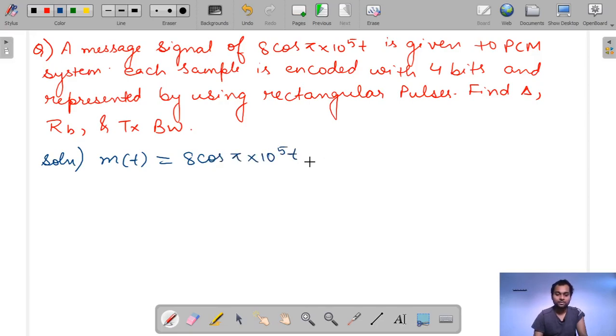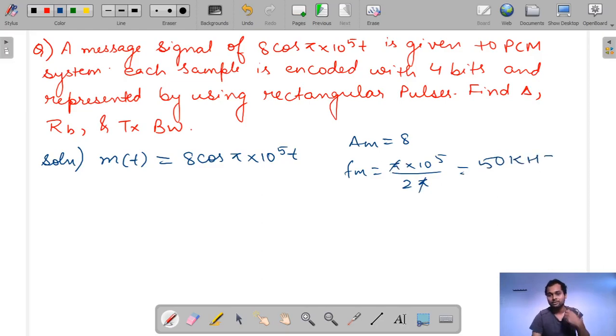So now in this we got Am is equal to 8, and here fm is equal to pi into 10 to the power 5 divided by 2 pi, that is equal to 50 kilohertz. So what will be the sampling frequency? When nothing is given, sampling frequency is equal to Nyquist rate, that is equal to 2 into fm, so it will be 100 kilohertz.